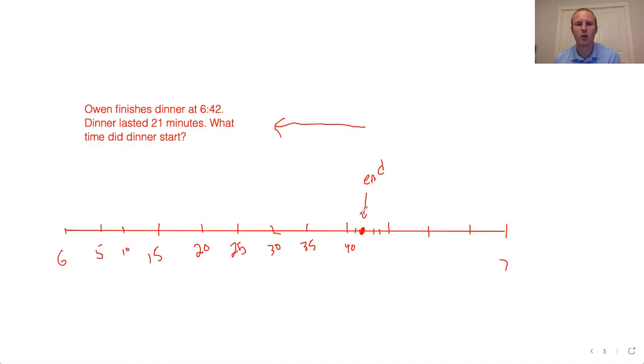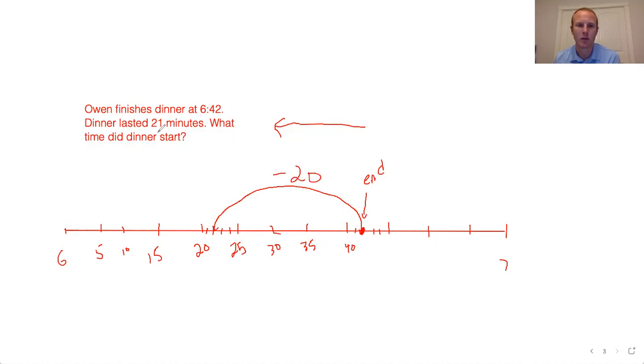Okay. So I'm going to go back 21 minutes. Well, I can go back 20 minutes pretty easily. If I subtract 20 from 42, that gets me to 22. So I'm just going to bypass all this stuff in the middle here and go back 20. That's minus 20.